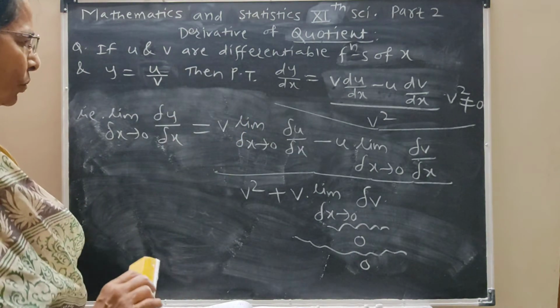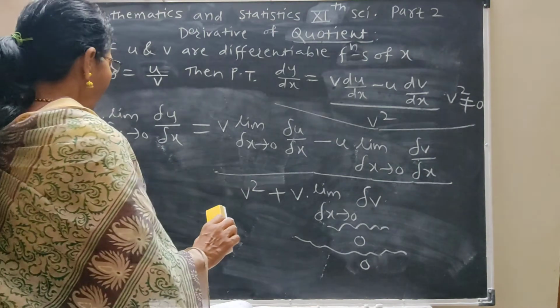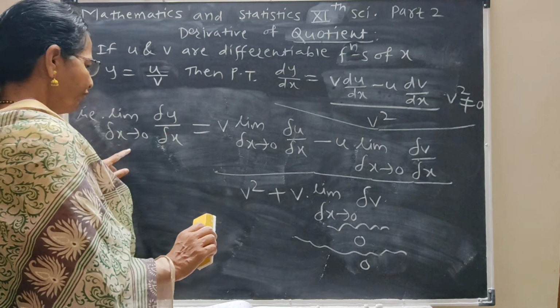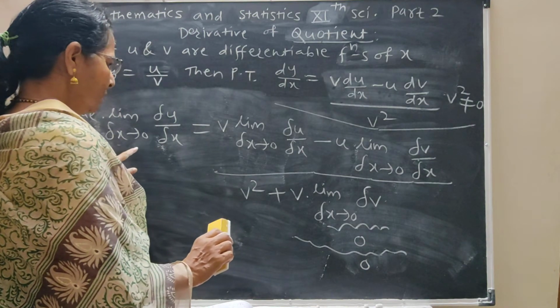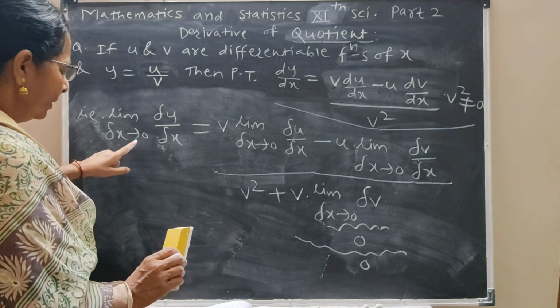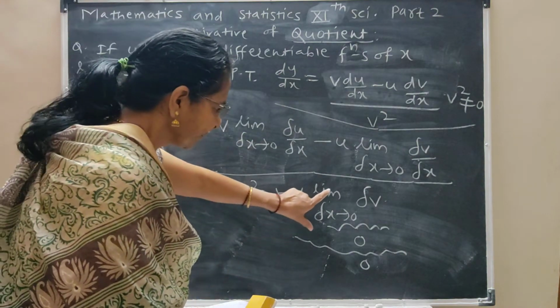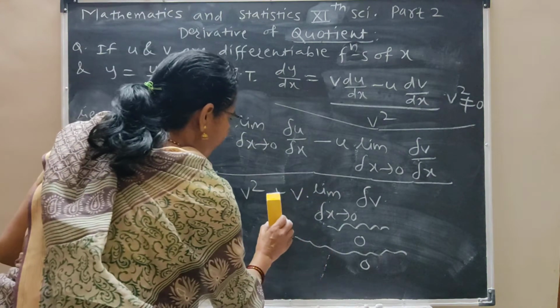Therefore, we have only this numerator as it is, and v square only here.